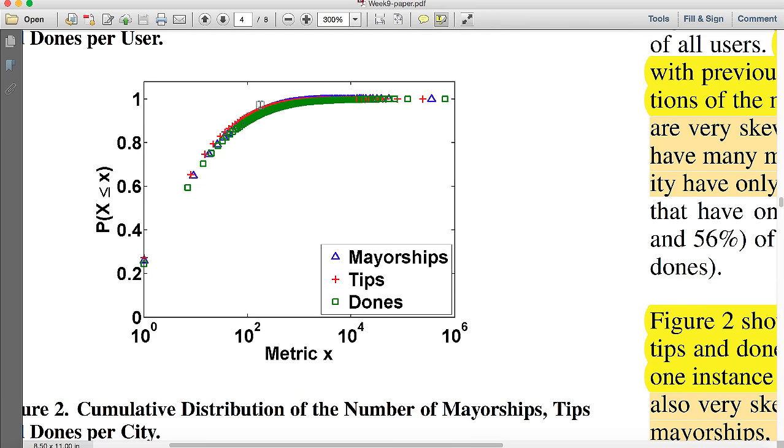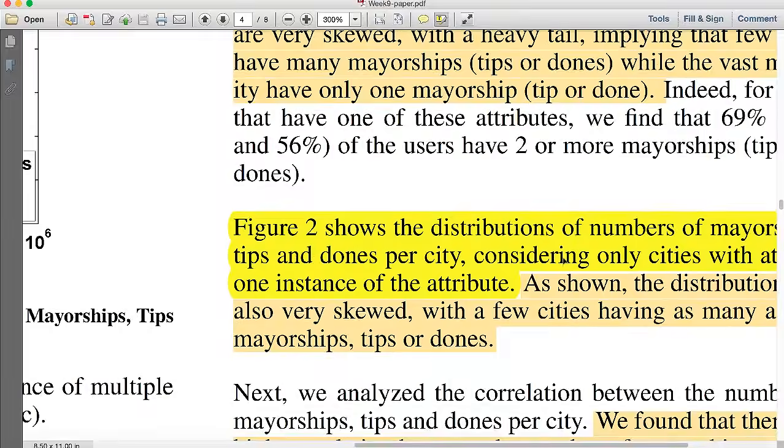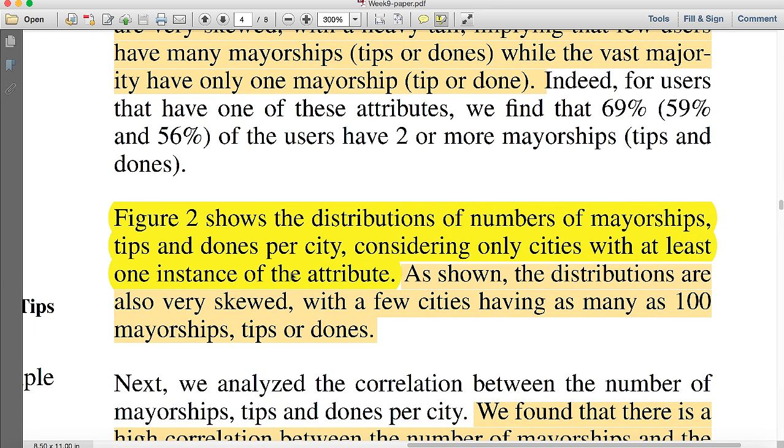A large amount of cities don't have mayorships, tips and dons, or have very few, because the condition was that they were considering only cities with at least one instance of the attribute, which is they should have had one tip, mayorship or don.